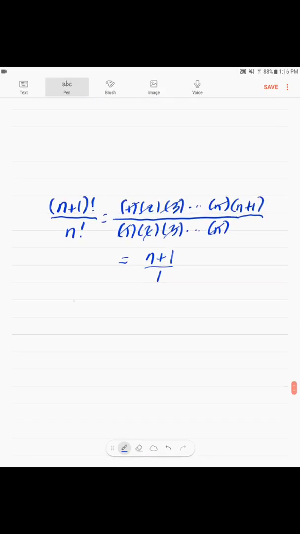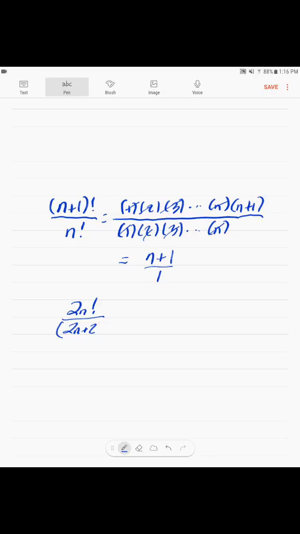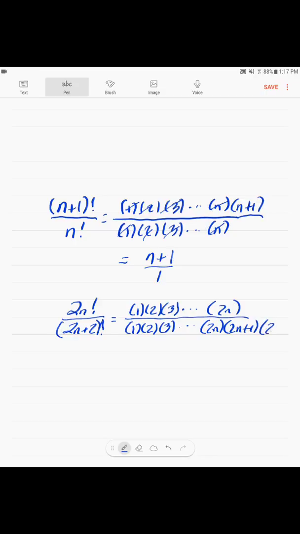So 2n factorial over 2n plus 2 factorial. This is 1 times 2 times 3 all the way up to 2n. And the bottom is 1 times 2 times 3, and we're going to count all the way up to 2n, 2n plus 1. Because remember, you count by ones.